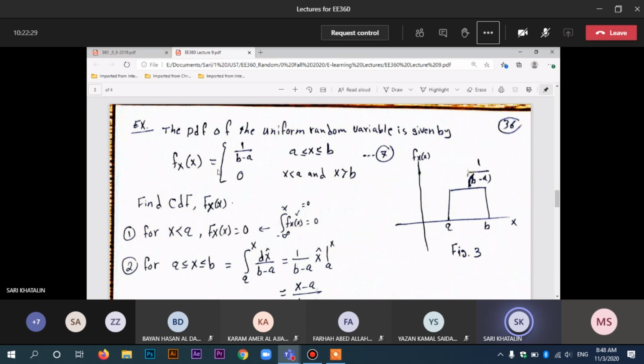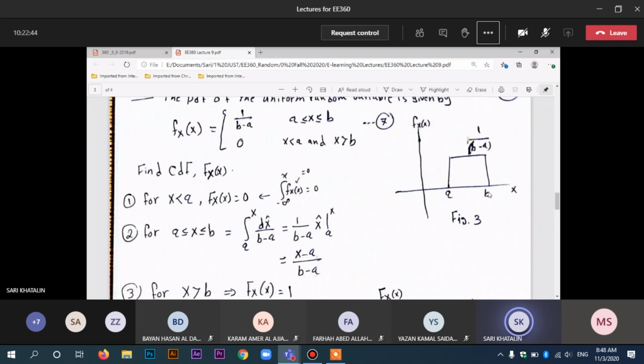The PDF for this uniform is basically 1 over b minus a, where the random variable x is between a and b. And this is graph 3, shown here on the right-hand side of the page. Anything less than a is 0, and larger than b is 0. So this is basically the PDF.